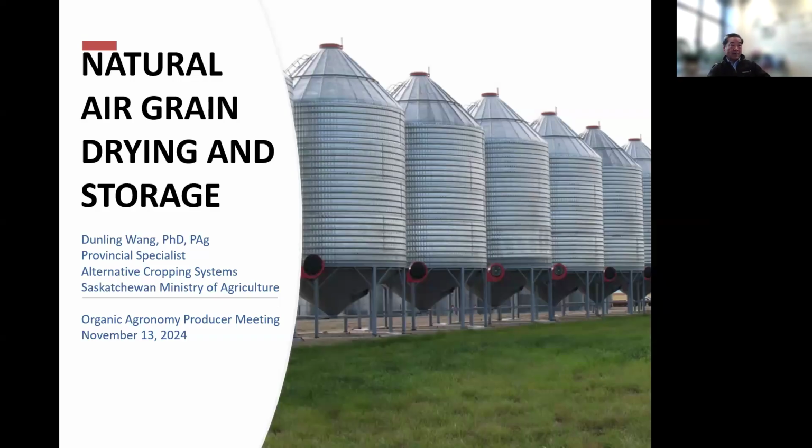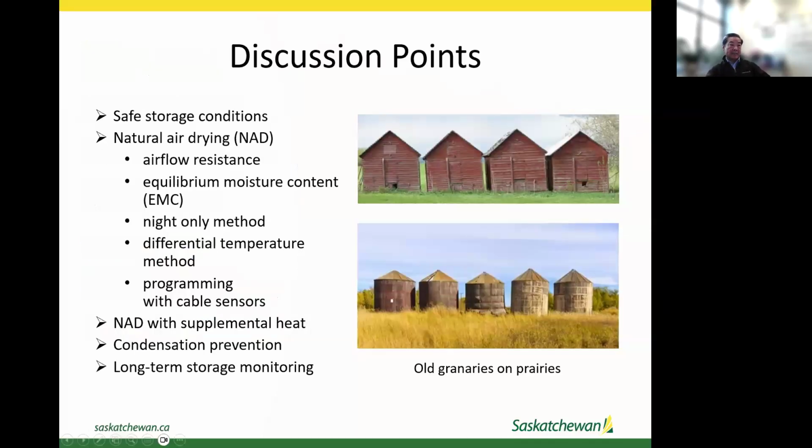Today's topic is natural air grain drying and storage. The discussion points include safe storage conditions and natural air drying, and we will talk about airflow resistance and equilibrium moisture content, so-called EMC.